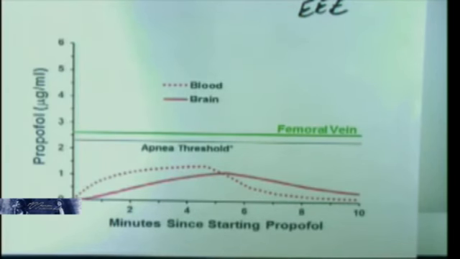Now, that simulation right there, on that chart, the x-axis, does that indicate 10 minutes? Oh, the x-axis, I'm sorry. Yes, that's minutes following the initiation of the bolus injection into the IV.